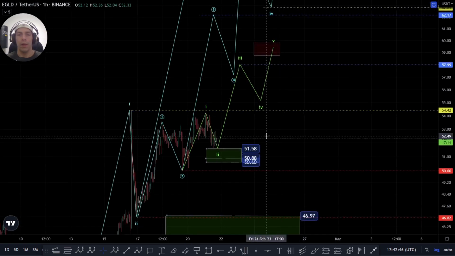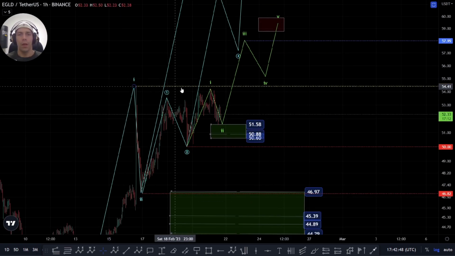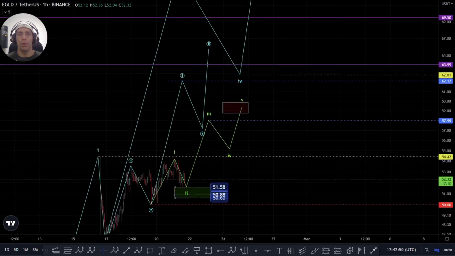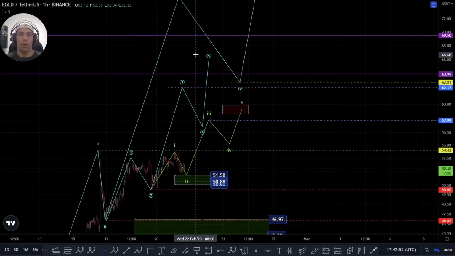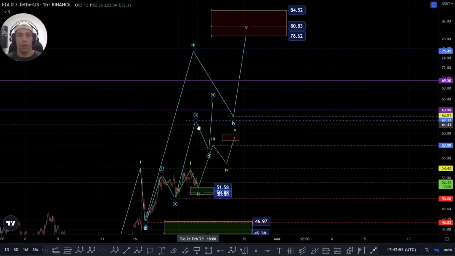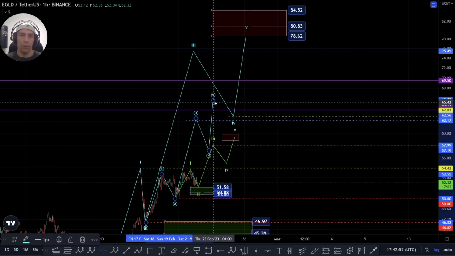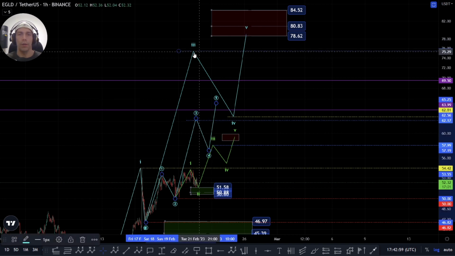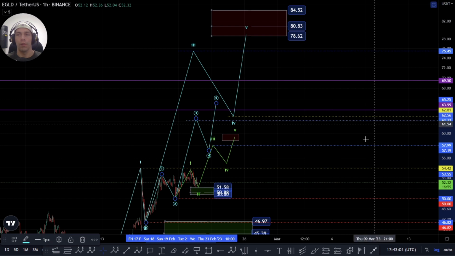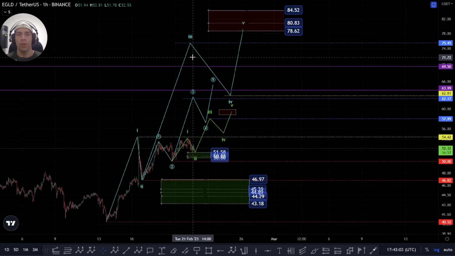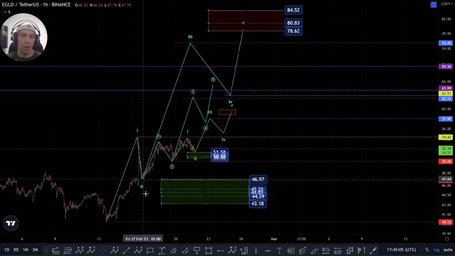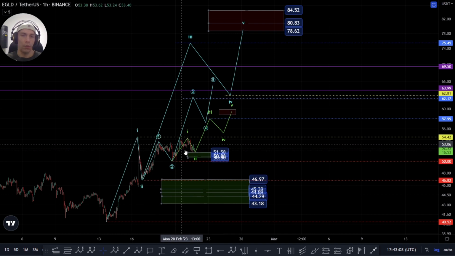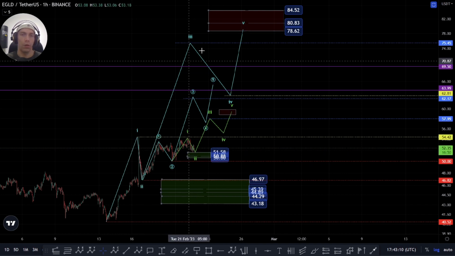So we have to be careful here that if we want to look for this bullish count, we have to hit this target. But then as well as that, we can see how this 5th wave wouldn't actually be high enough to take us into this 3rd wave here, this 75.45. So this is the current confirmation area. We don't have the current structure though to say that we are going to move up into this.